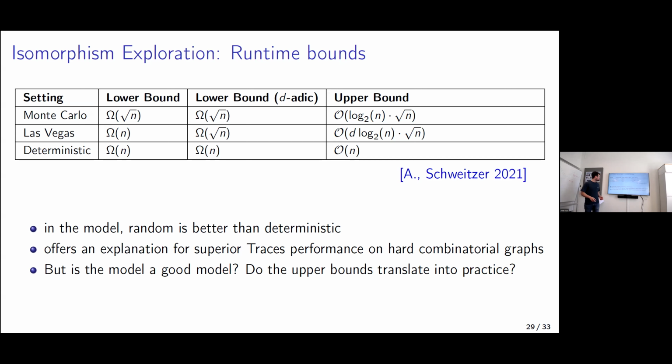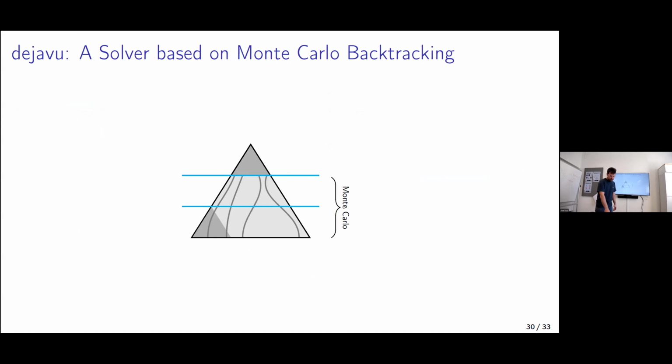But can we also make a practical algorithm that makes use of this traversal strategy? This is the very deep rabbit hole I went down to make this solver, Dejavu, which is a solver based on Monte Carlo backtracking. However, it doesn't just do Monte Carlo backtracking. Why? It's because this Monte Carlo backtracking is proven to be near optimal in the model in the worst case.